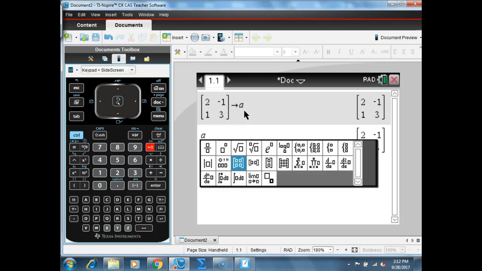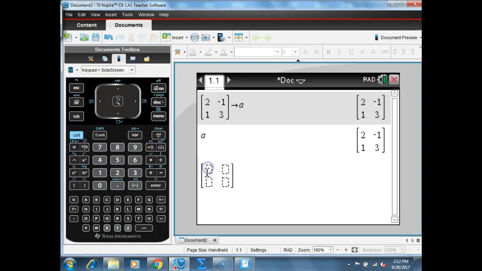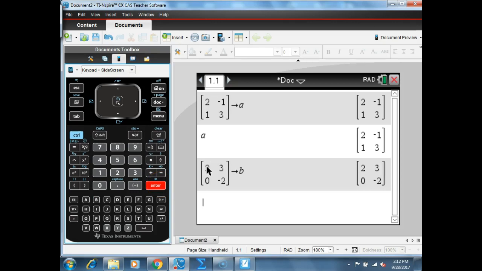Now, I'm going to input matrix B. So that is going to be 2, 3, 0, -2. And again, I am going to store that, but now I'm going to store that as matrix B. Okay?